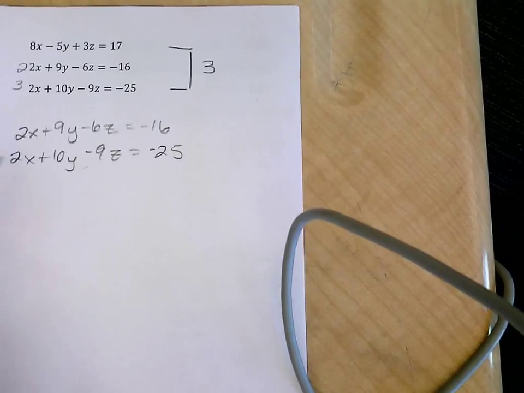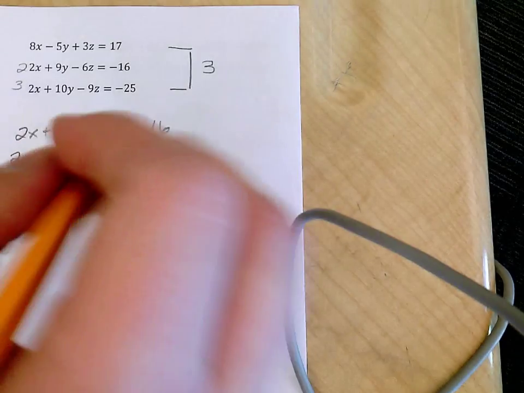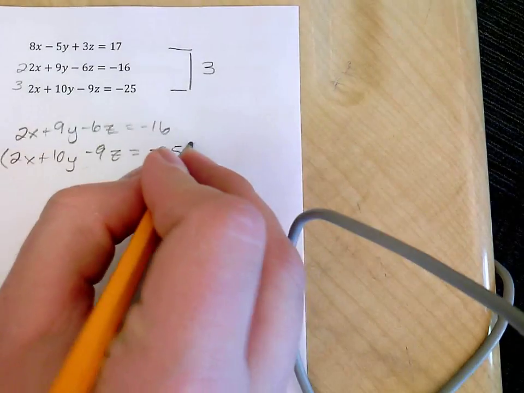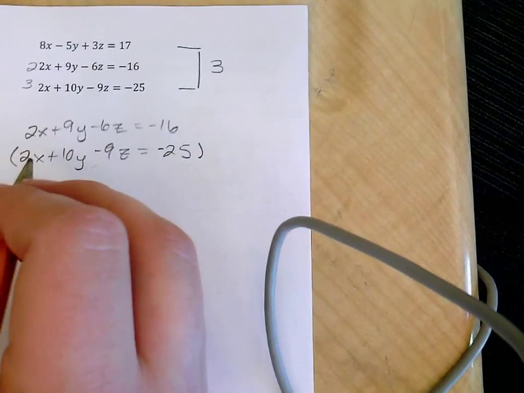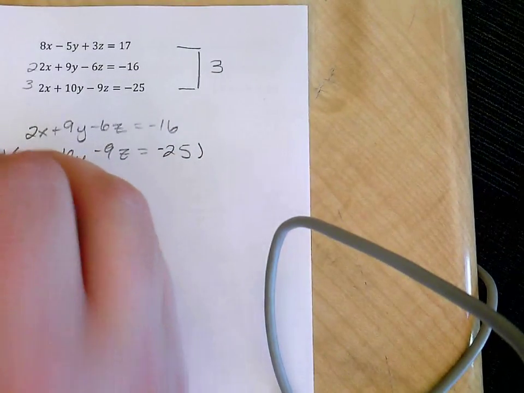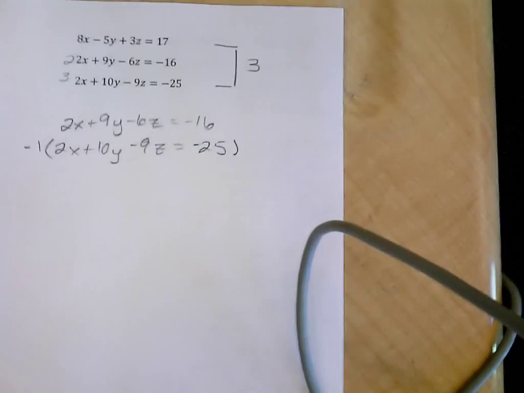So what I'm going to do is try to make one of these negative. So I'm going to multiply by a negative, or a -1. I'm going to do this bottom one right here. Doesn't actually matter, but I just want to do it. So that's -1.